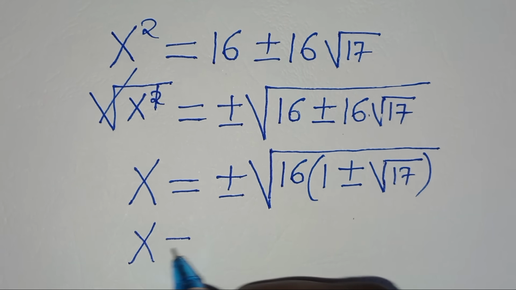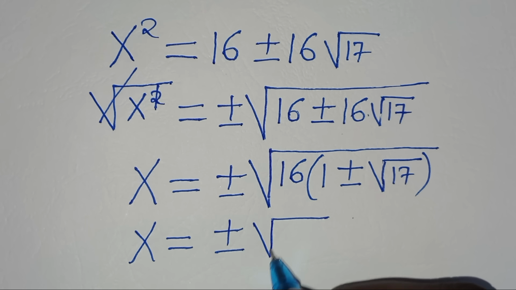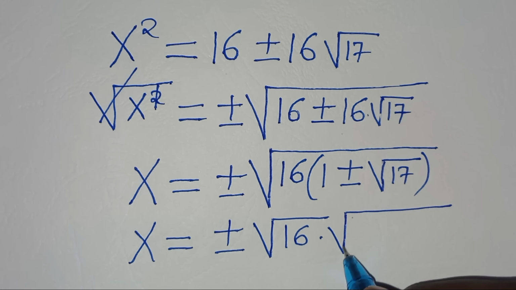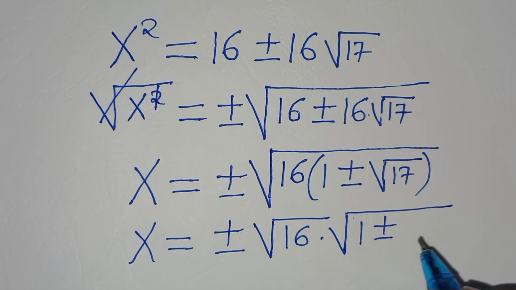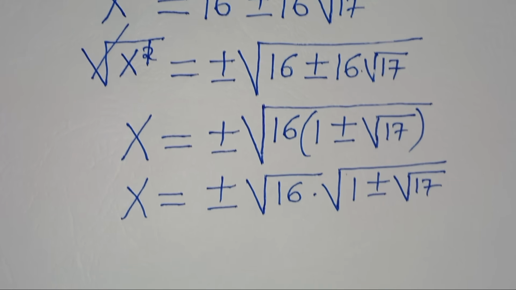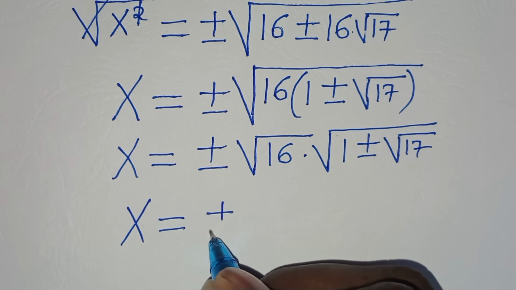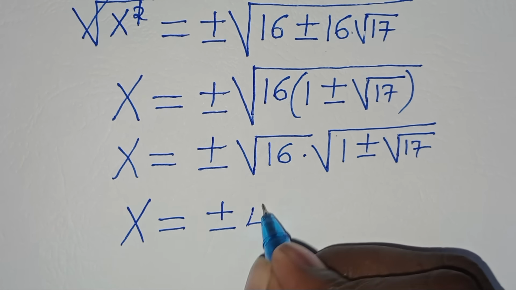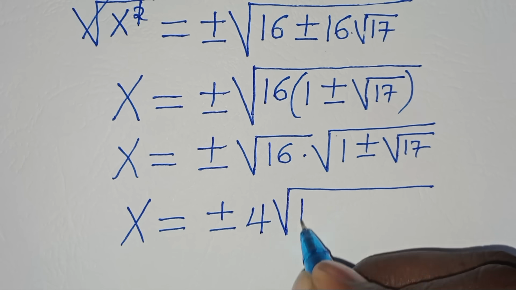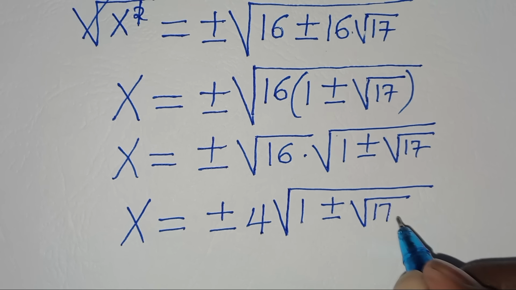So x is equal to plus or minus, we can express this as the square root of 16 multiplied by the square root of 1 plus or minus root 17. So here we have x is equal to plus or minus the square root of 16, this is 4, then we have the square root of 1 plus or minus square root of 17.